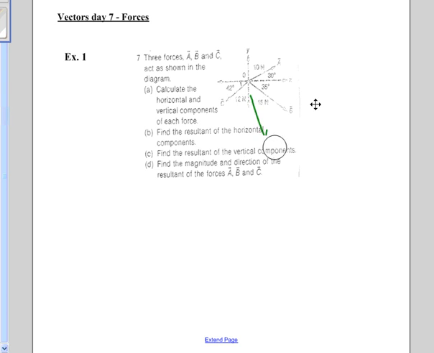So what we're suggesting that we do for this problem is to do the components of each one, the horizontal separately from the vertical, and then putting it together and coming up with the resultant. So let's look first. For A, they suggest that we look at the horizontal of each force.